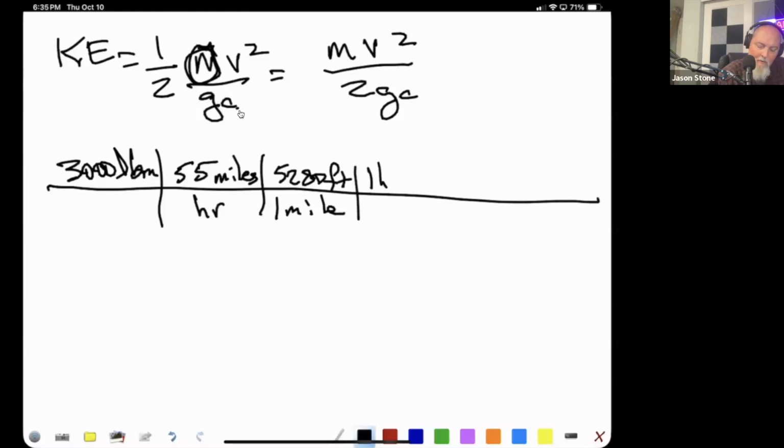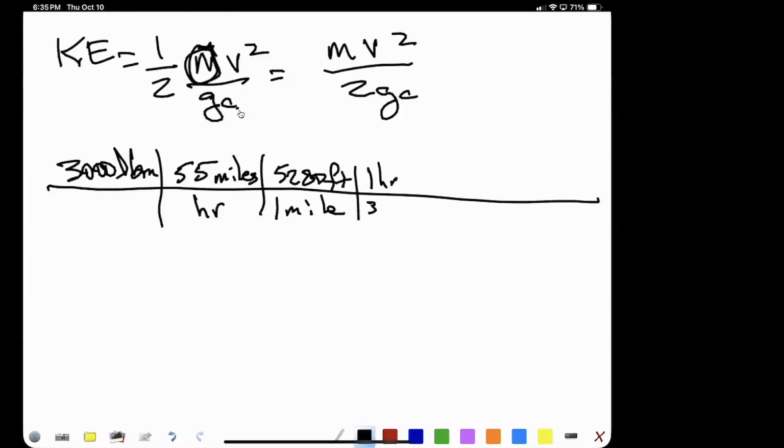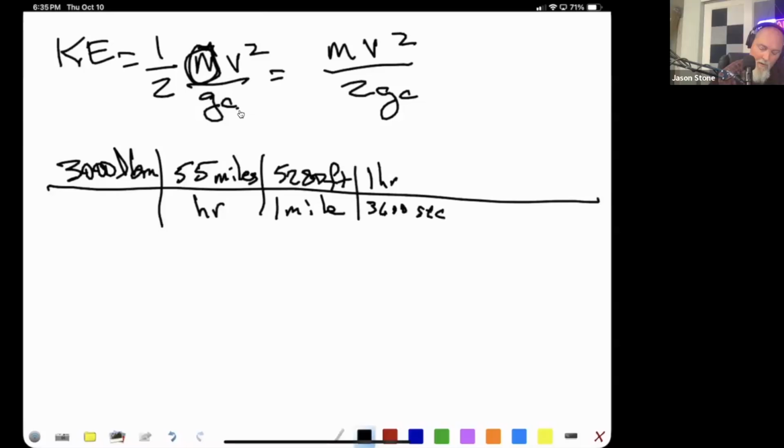And 1 hour is equal to 3,600 seconds. So let's try and get some units. The hours cancel out, miles cancel out. So I've got foot pounds mass per second. But the 55 miles per hour is squared.